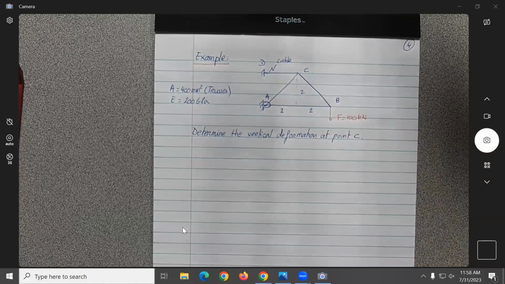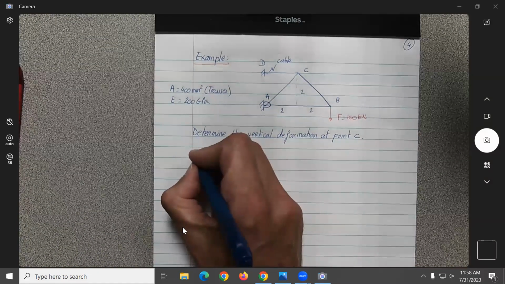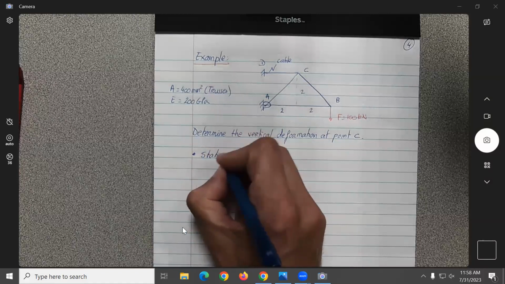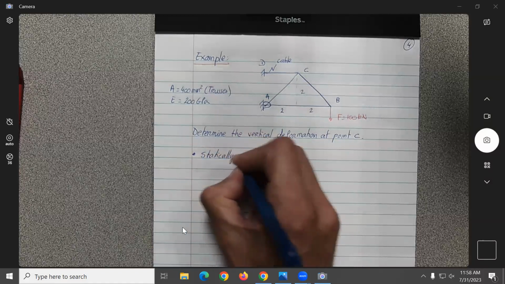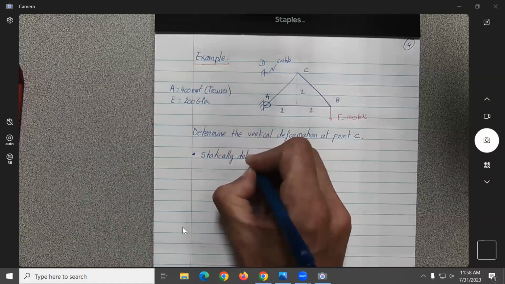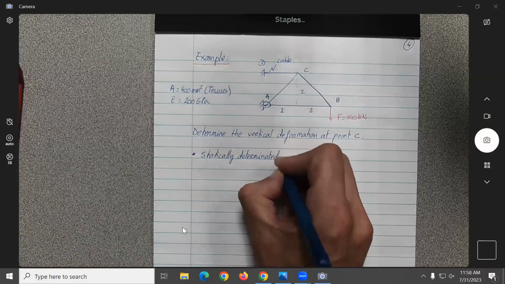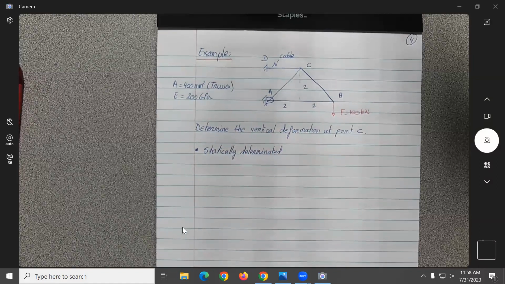That's the tedious part about this method. But that's what they do in finite elements and other software, but they do it for you. So, okay, first thing, what do we say about this problem? That it's statically determinate.